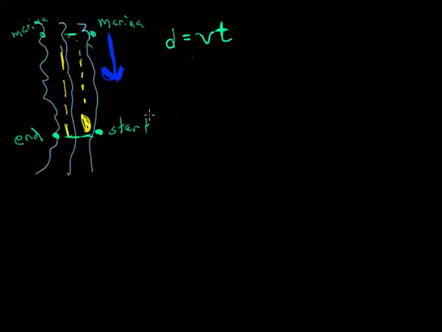And what we should notice is those two distances are the same. And so the boat has to travel the same distance. That's going to let us set some things equal to each other.